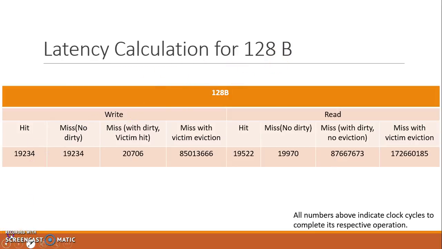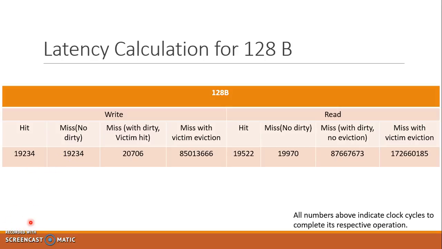Okay, so I would like to explain how exactly we reach this number of clock cycles, and the others would then become self-explanatory. Following the sequence that I explained before, it would take 288 clock cycles to accept the command from the device which is transmitting it. After that it would take a single clock cycle to compare the tag address that is transmitted by the device.